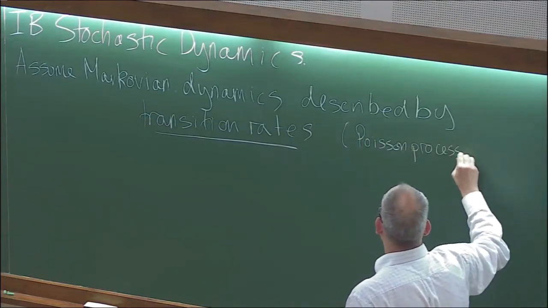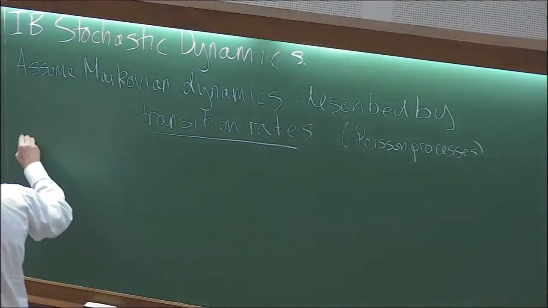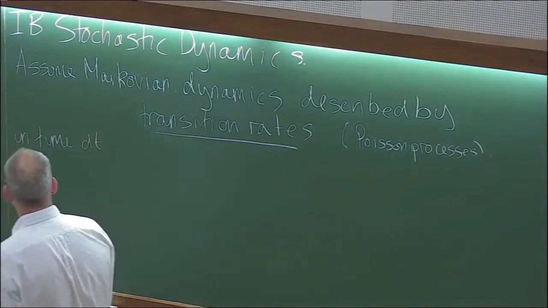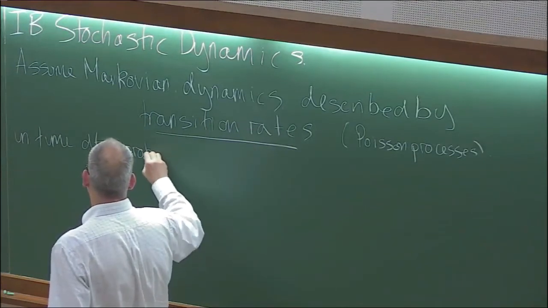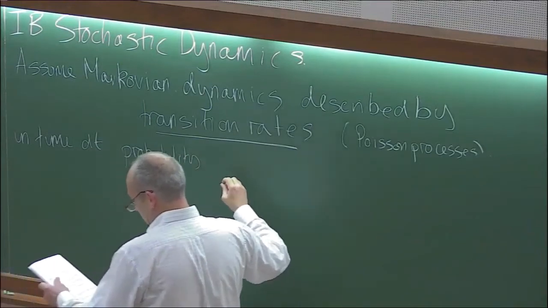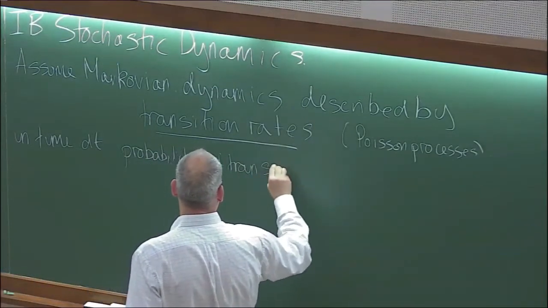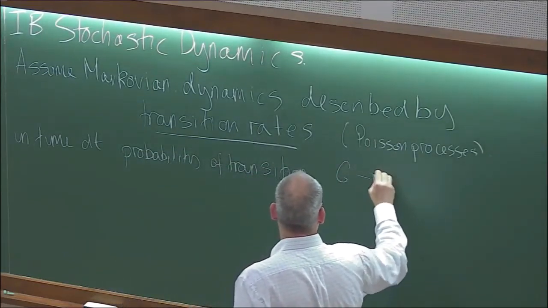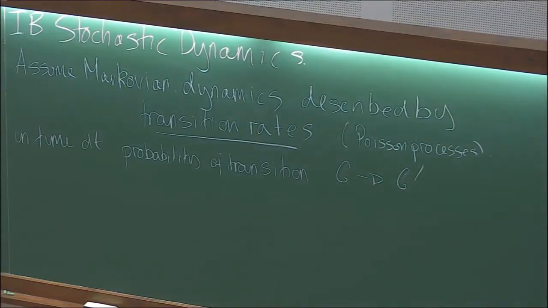So what does it mean? Basically, in some small time interval dt, the probability of a transition from a configuration C to some new configuration C prime.